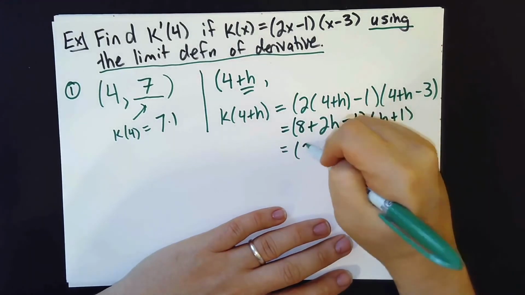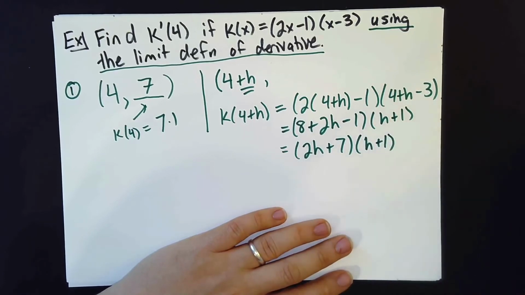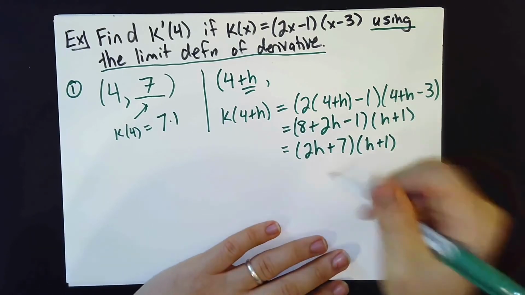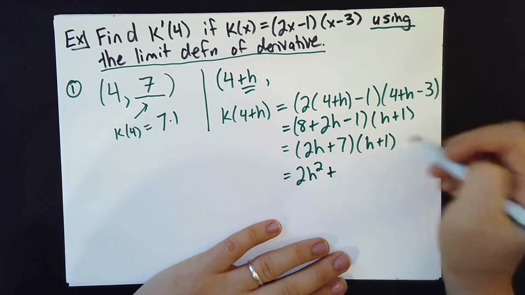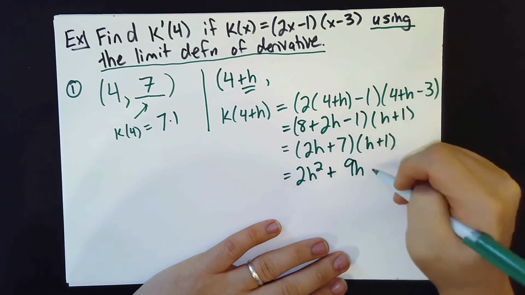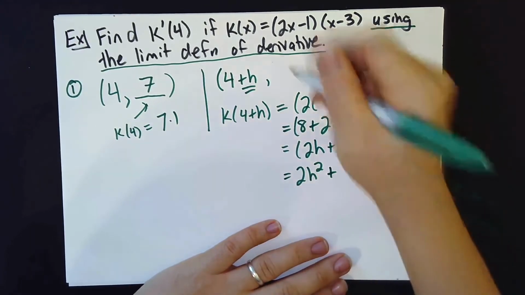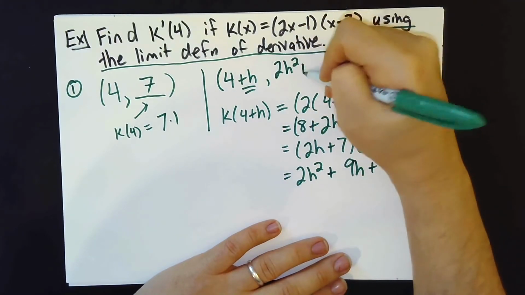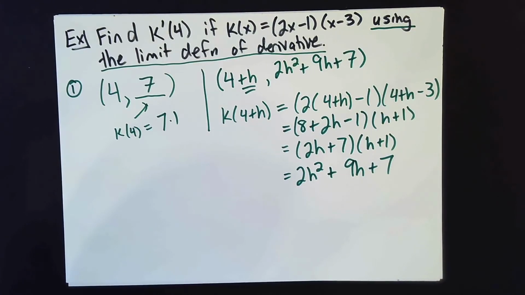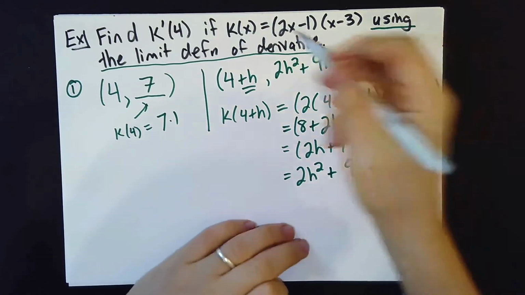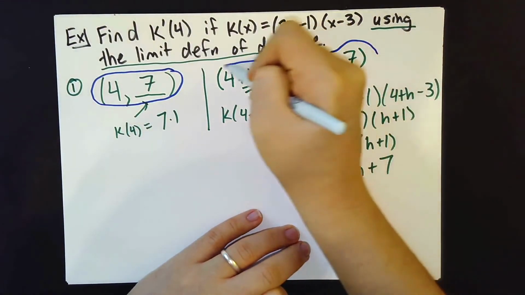Okay, this is 2h plus 7 times h plus 1. And I'll go ahead and FOIL this out. This is 2h squared plus 9h plus 7. And so my second point here is 2h squared plus 9h plus 7. And so that's my takeaway from step 1. I have this point and this point.